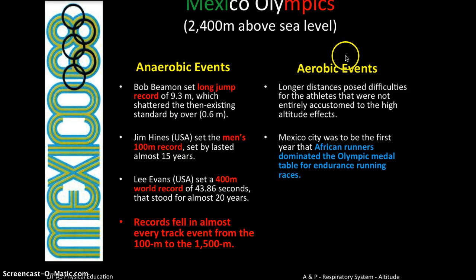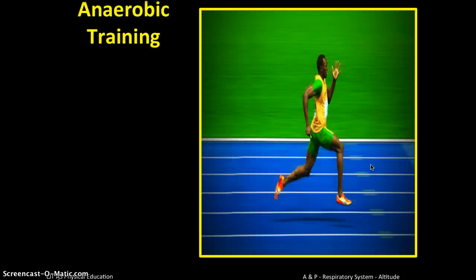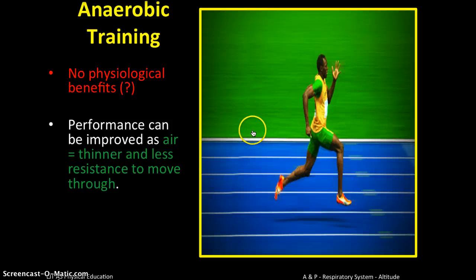Whereas the aerobic events, those that needed obviously endurance events, people really struggled, except for African runners who typically come from countries where they are at high altitude, and they excelled in these events, whereas all those that didn't live at altitude really struggled to perform very well. So that's a really good example of the effect of altitude on anaerobic versus aerobic events.